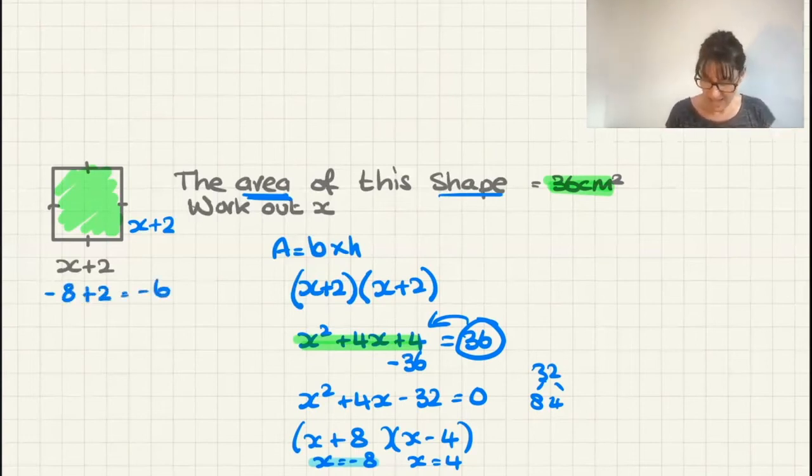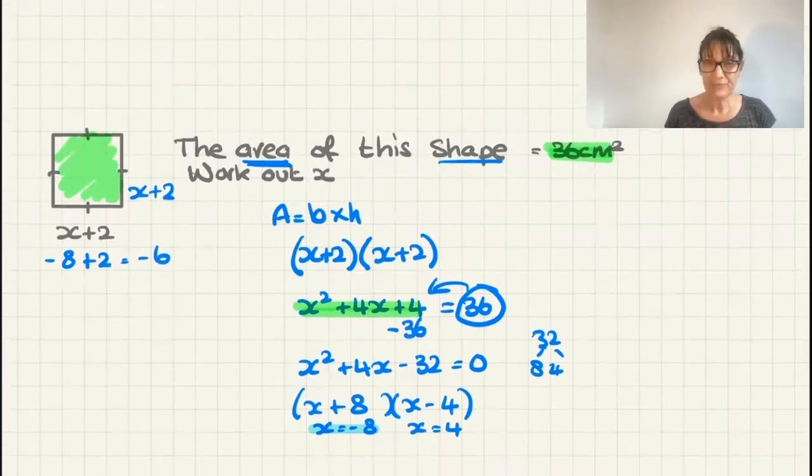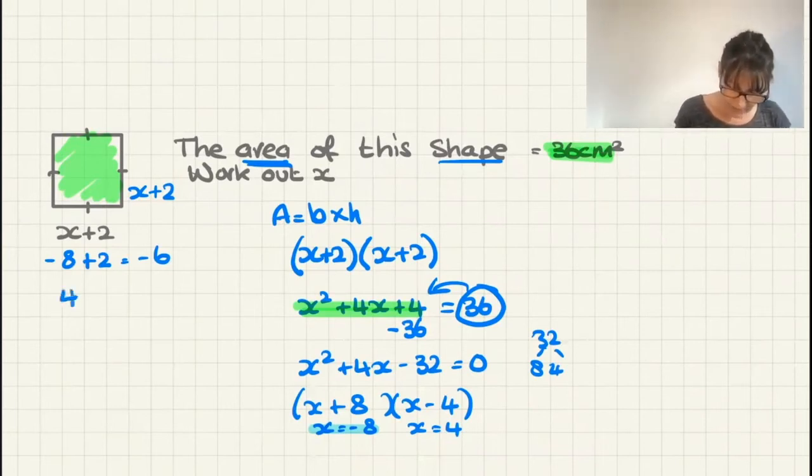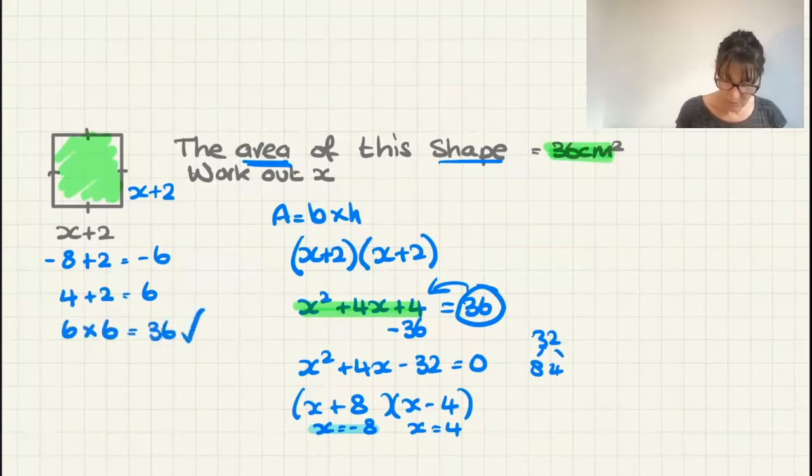So there's no way that x equaling minus 8 can be a solution to this question. So I ignore it. The solution to this question is x equals 4. If I've got 4 and I add 2 to that, I get positive 6. The area of the shape, base times height, 6 times 6 is 36, which is what I want it to equal. So we've worked out x equals 4.